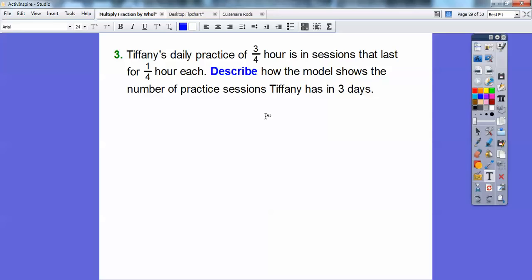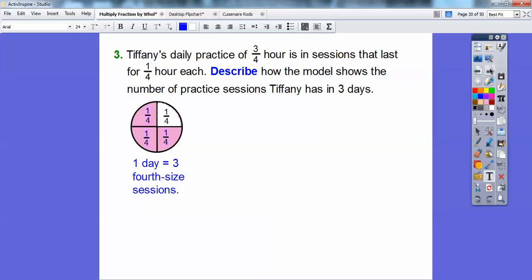But anyways, describe how the model shows the number of practice sessions Tiffany has in each day. Remember, she doesn't do 3/4 of an hour all at once. Each day she divides her 3/4 of an hour up into a fourth of an hour each.